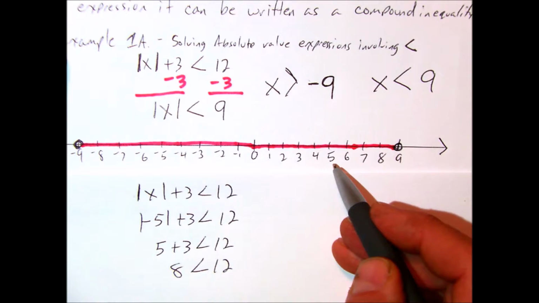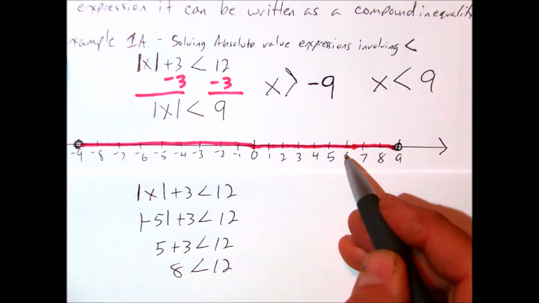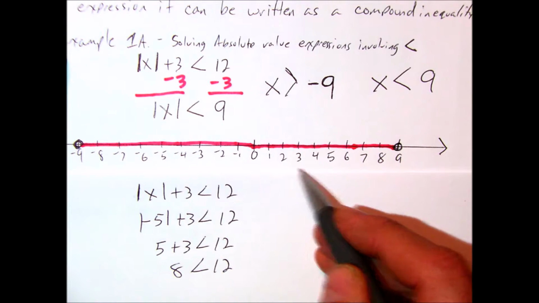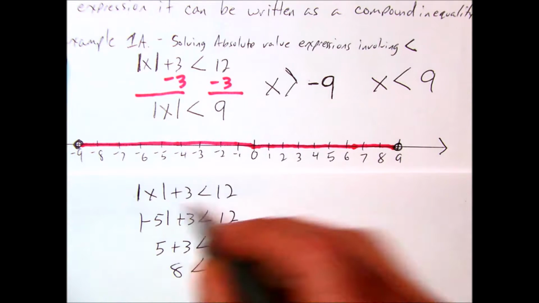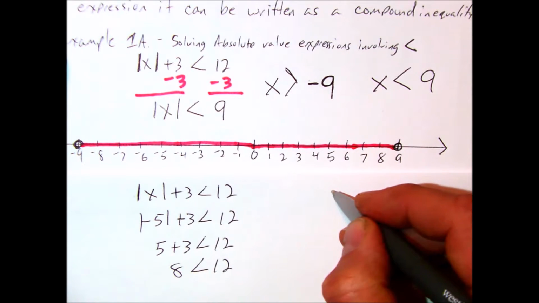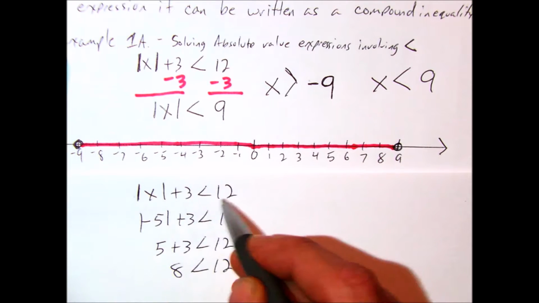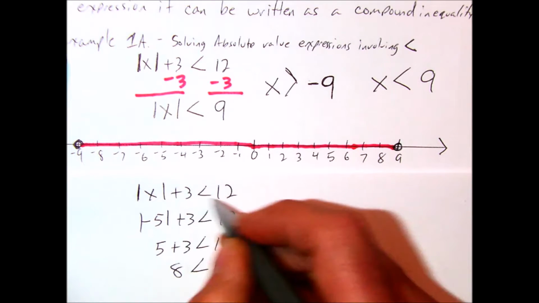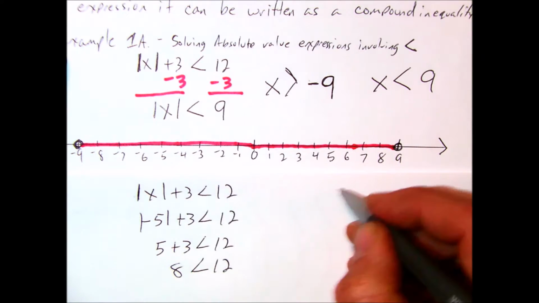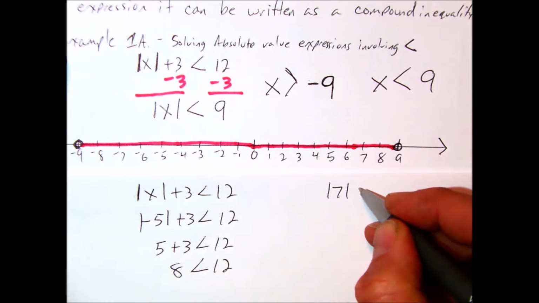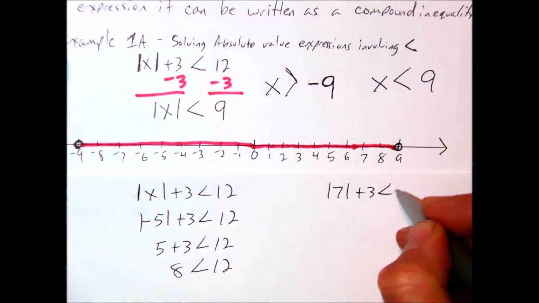If I try a number on the positive side, so if I plug in 7 to my original inequality, the absolute value of 7 plus 3 is less than 12.